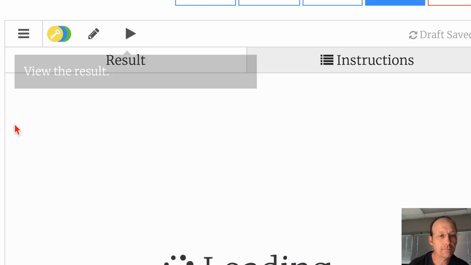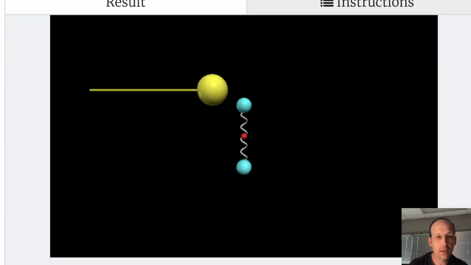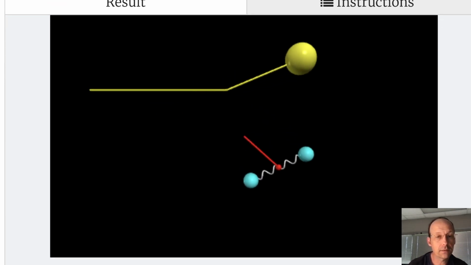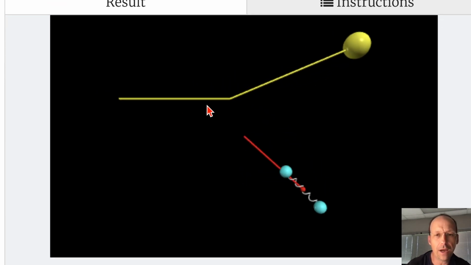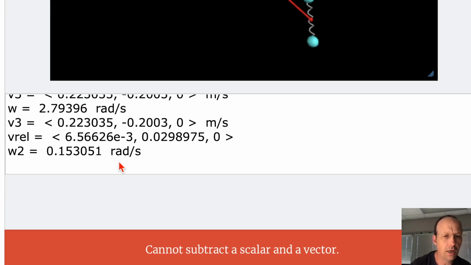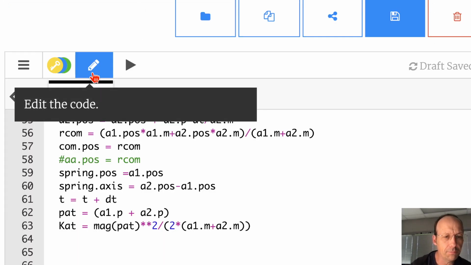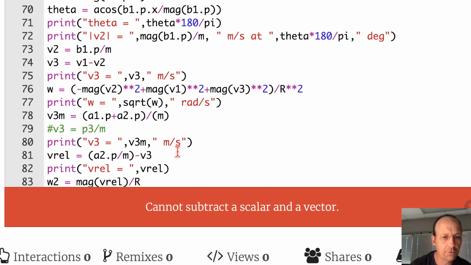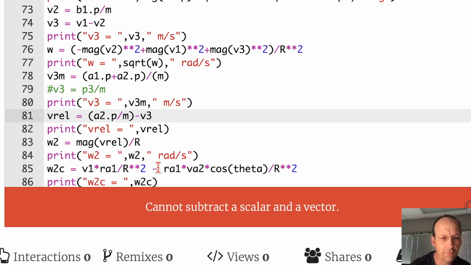But it may not. Here's the collision. Boink. And I calculated 22-degree deflection. That seems reasonable. And I cannot subtract a scalar and a vector. That's my fault. So what did I do wrong? Right here, VA2 is the velocity at the end.